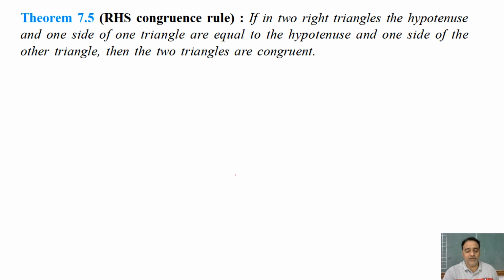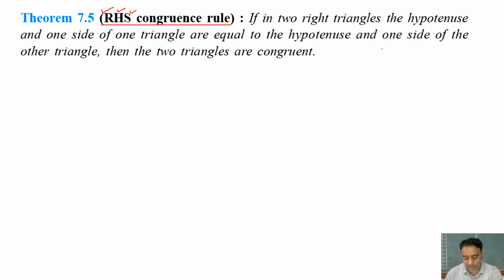Now we are moving towards the last theorem of this chapter, because the inequality section is already deleted. So the last theorem will be the RHS congruence rule. According to this theorem, R means right angle, H hypotenuse, and any one side. In two right triangles, if the hypotenuse and one side of one triangle are equal to the hypotenuse and one side of the other triangle, then the two triangles are congruent.